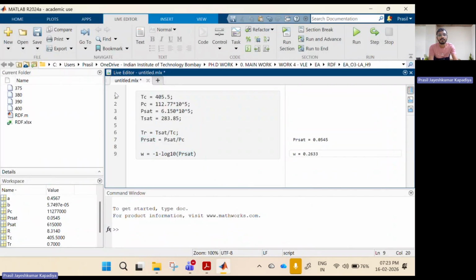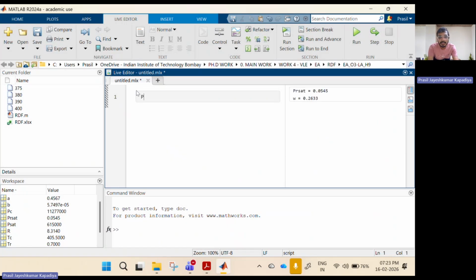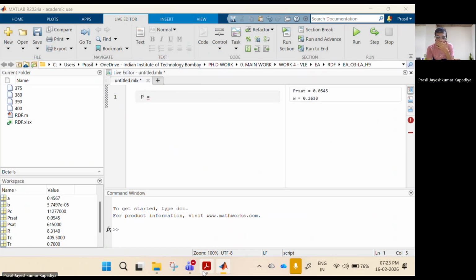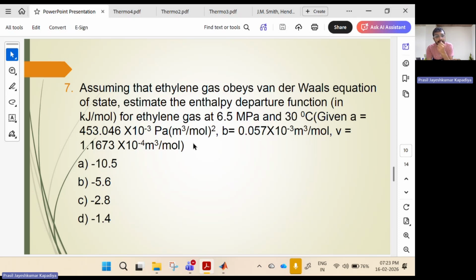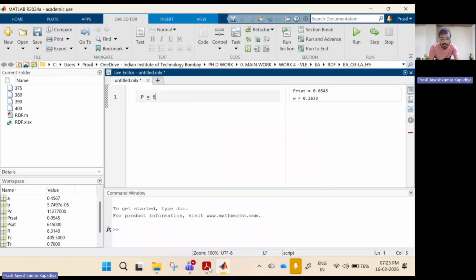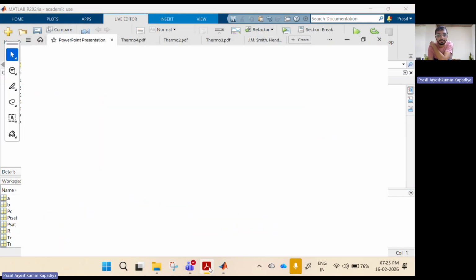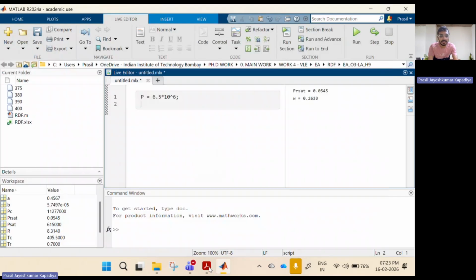From whatever data is given to us, P is the pressure of the system, 6.5 megapascal, so 6.5 into 10 raised to 6 Pascal. The temperature is 30°C, so T is equal to 30 plus 273.15 to convert Celsius to Kelvin.